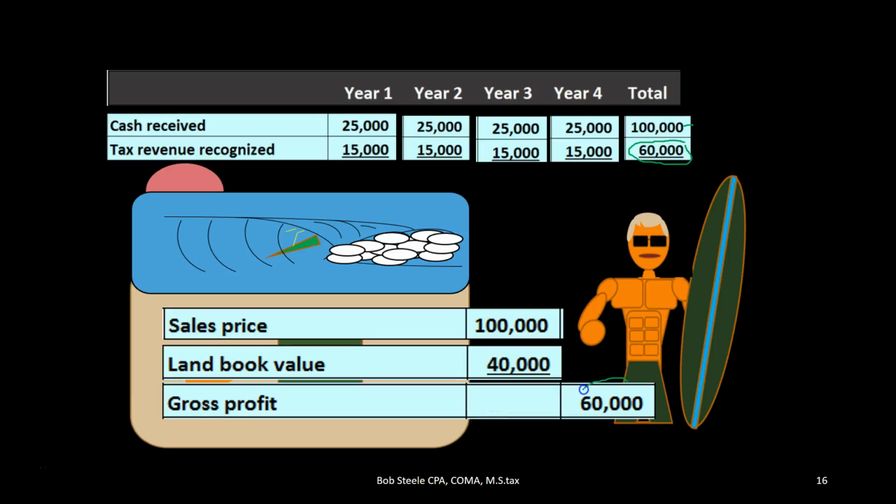There's the 60,000 on the book side. We recognize that when the transaction has taken place on the book side. On the tax side, we're still going to recognize the entire 60,000, but the code allows us, because of the cash allocation, to have this installment process. We'll recognize it over the 4 years.